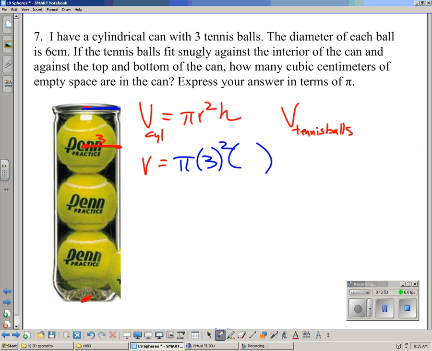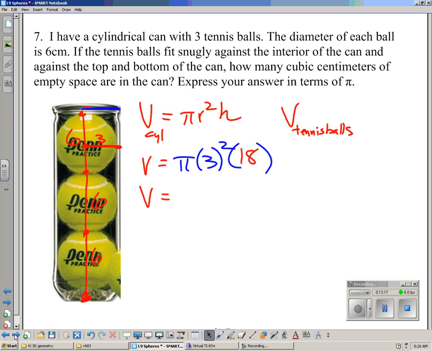Now the height is a little interesting. We know the diameter of the tennis ball is 6, so if we looked at it this way, this would be 6, and then this tennis ball would be another 6, and then this tennis ball would be another 6. So 6 plus 6 plus 6 is 18. So the height of the can is actually 18. Okay, so I'm going to leave this in terms of pi, because they told us to.